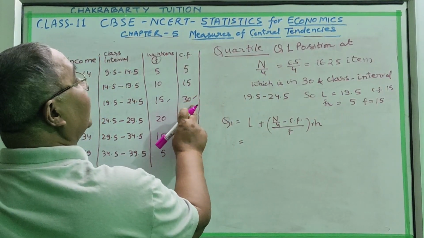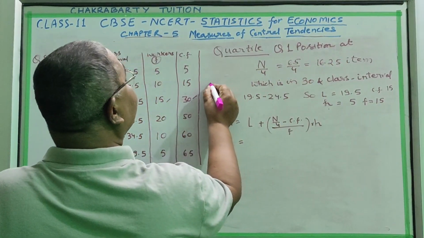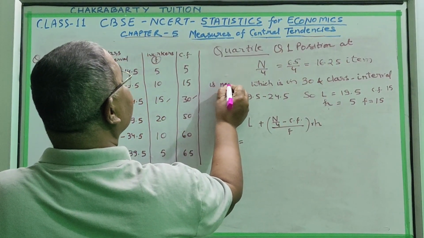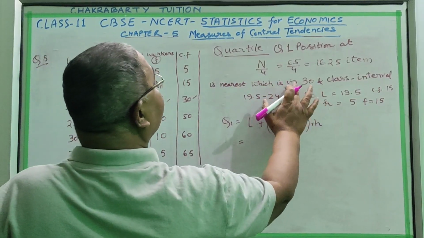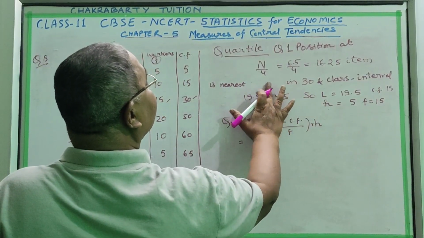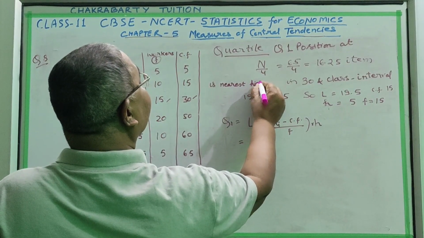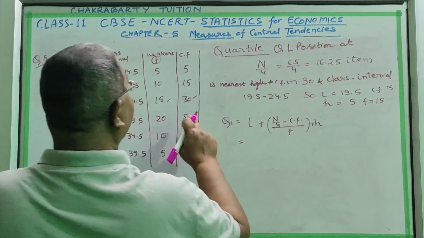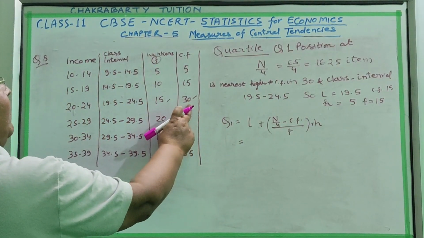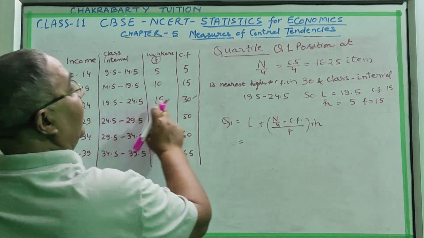So in the cumulative frequency, the item nearest higher to 16.25 is the CF 30. So here it comes 30, and its class interval is 19.5 to 24.5.